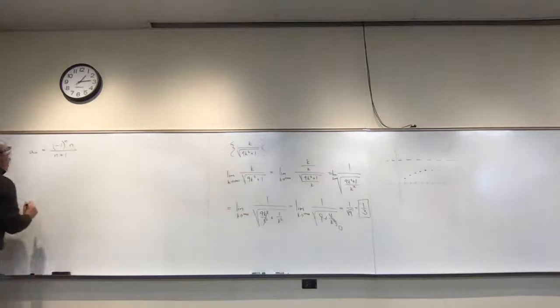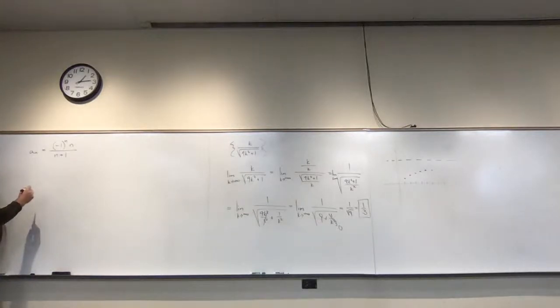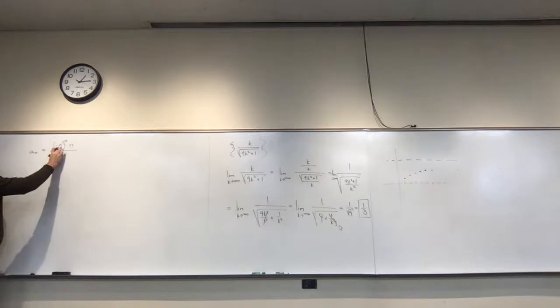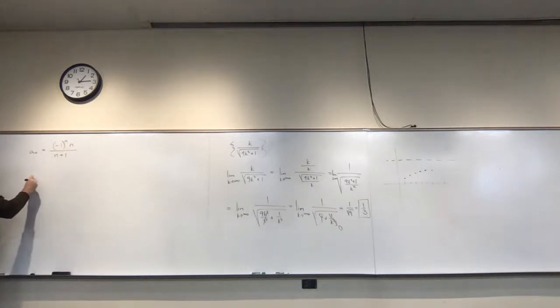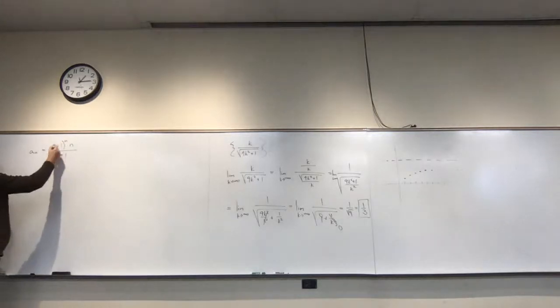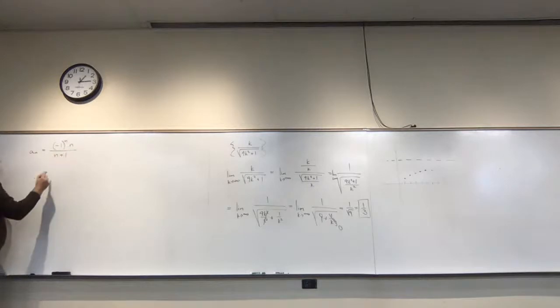I suppose just writing out a few terms of this sequence might be helpful to get a feel for it. If n was 1, what would we get? We get a negative, then 1 over 2, so we get -1/2. If n is 2, this becomes positive and we get 2/3.